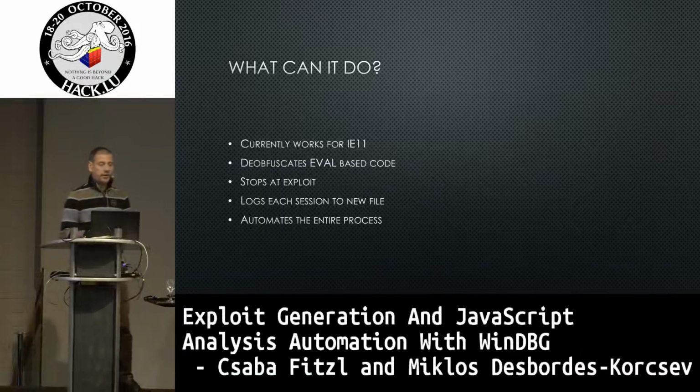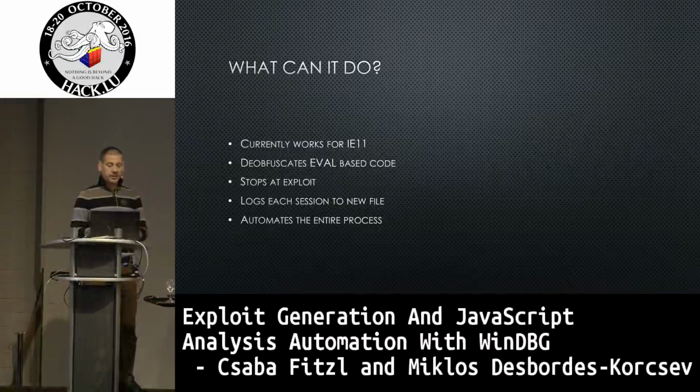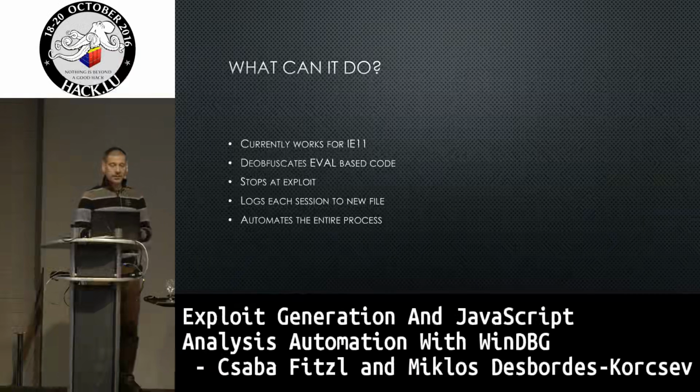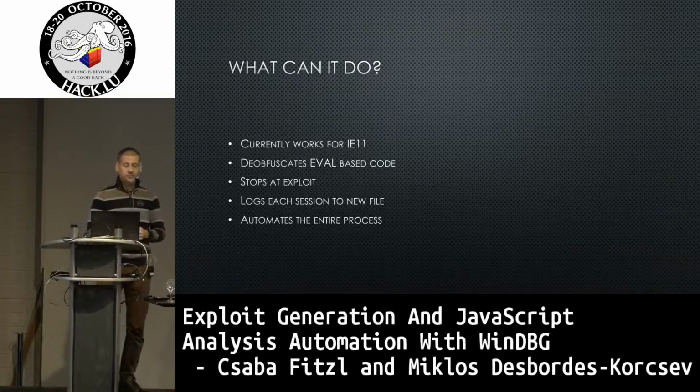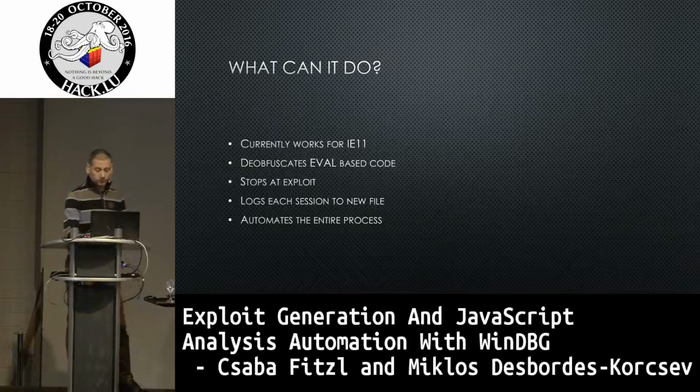So what can it do for the moment? It works for IE11, deobfuscates eval-based code, and stops at the exploit. Each session is logged to a new file, and most of the process is fully automated.